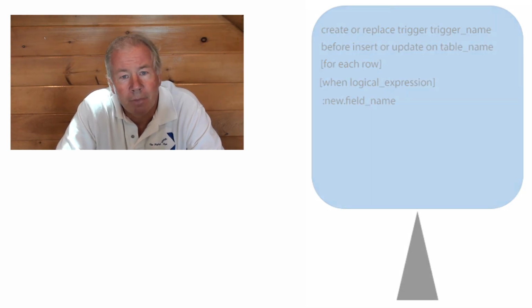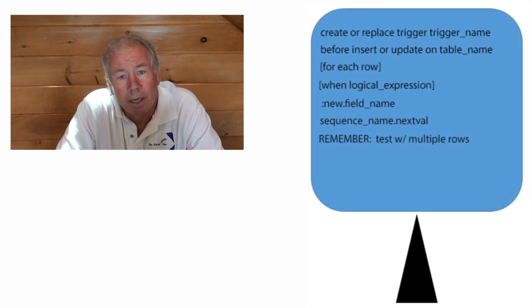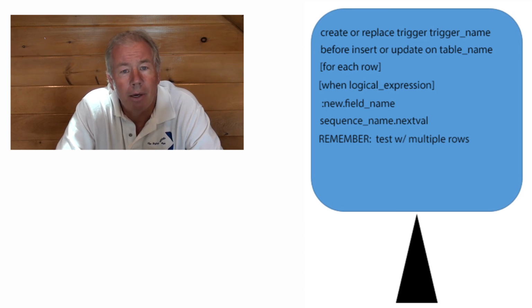Straightforward stuff. Our final learning objective was to take a look at that sequence and the nextval, and using that syntax to assign a primary key value, false primary key, very common stuff.